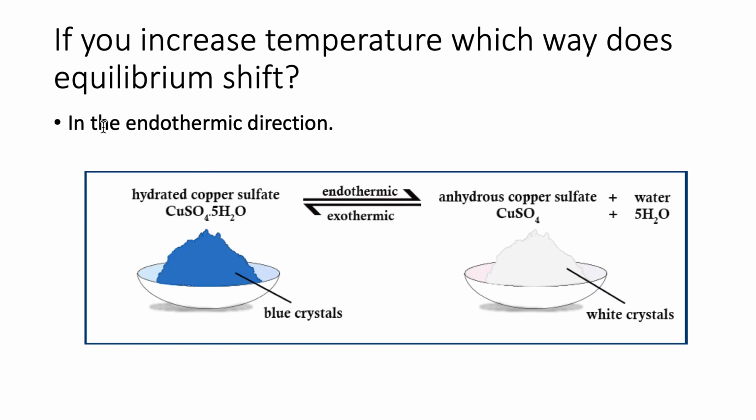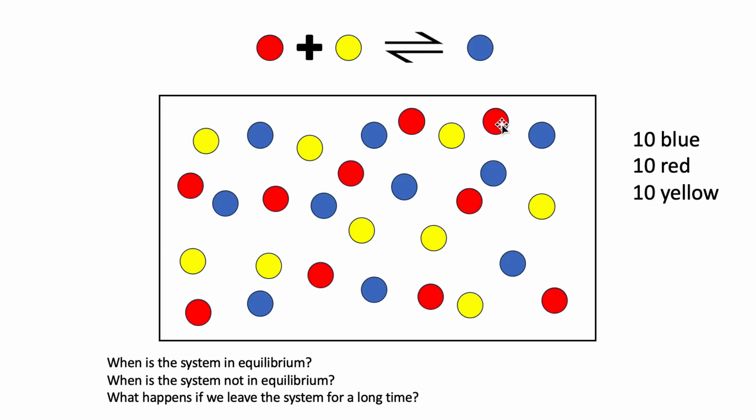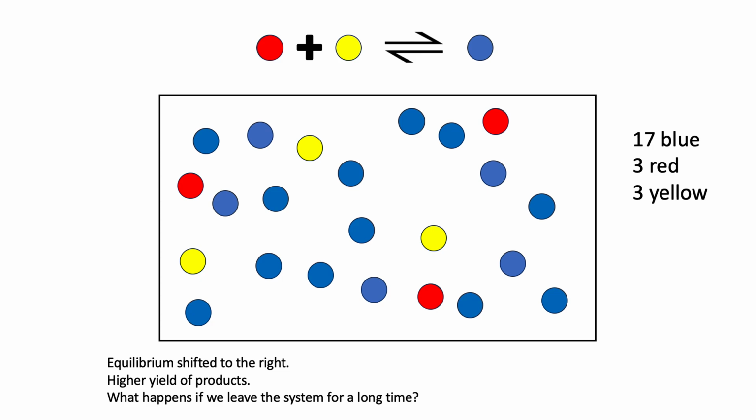You've got shifting it, increasing the temperature shifts it in the endothermic direction, increasing pressure shifts it towards the side with fewer moles. So if I take this system and I increase the pressure, I've got fewer moles on the right, so that will take me to that system which has a lower pressure.